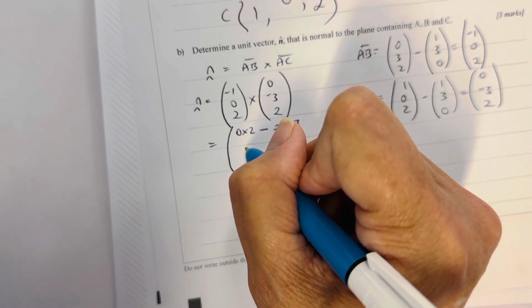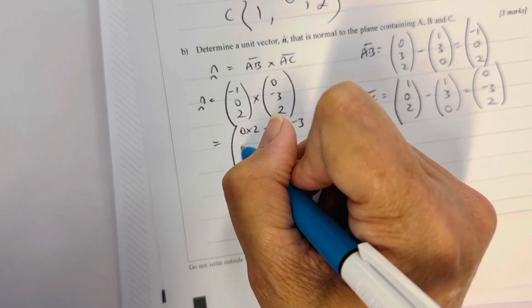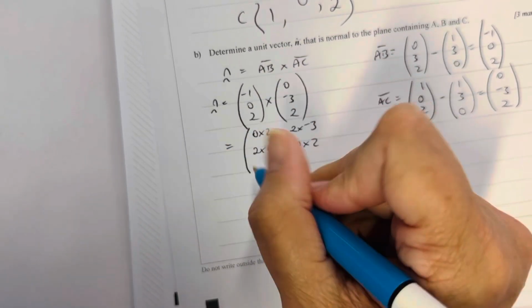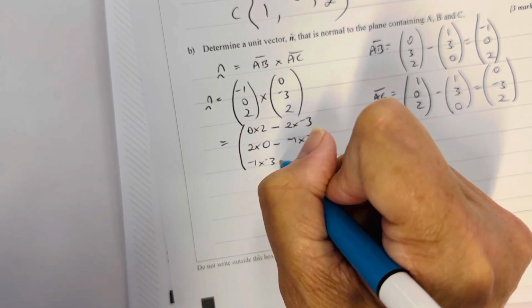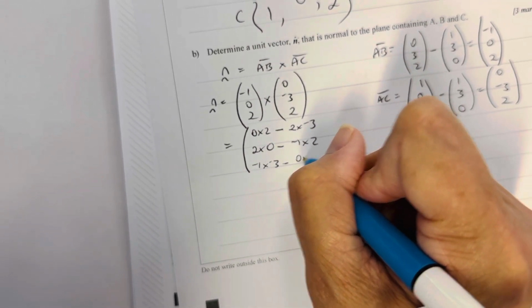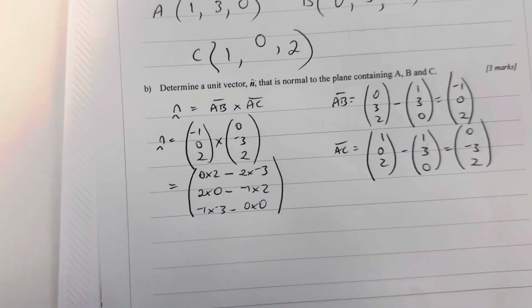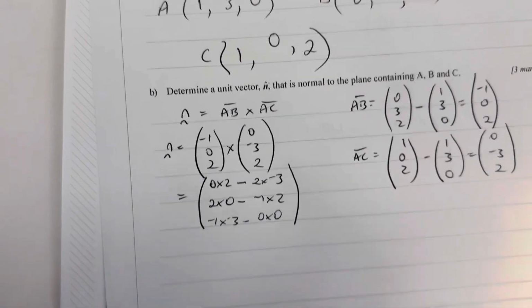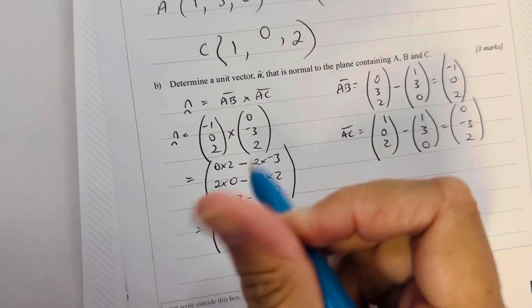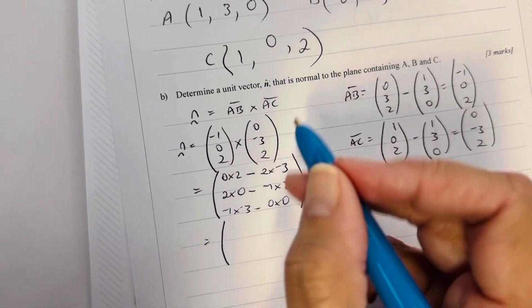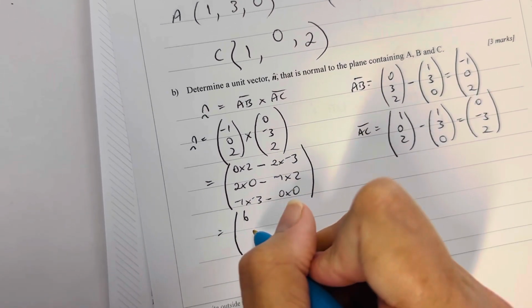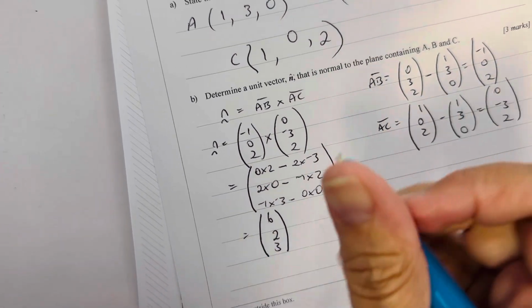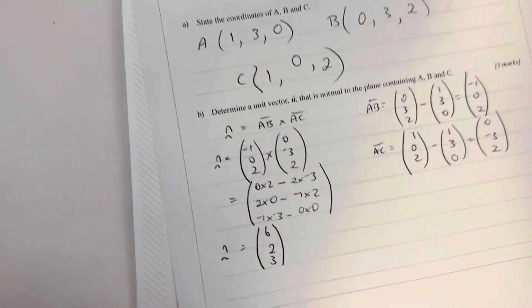We're going to have 2 times 0, take -1 times 2, -1 times -3, take 0 times 0. That's just using your rule off your rule sheet. Go find your cross product rule, and that's A1, B1, etc. To get us to the point of we should have 6, 2, 3. That's what n is equal to.